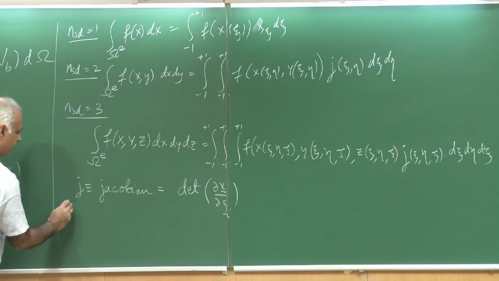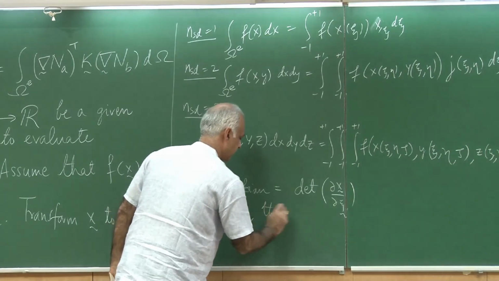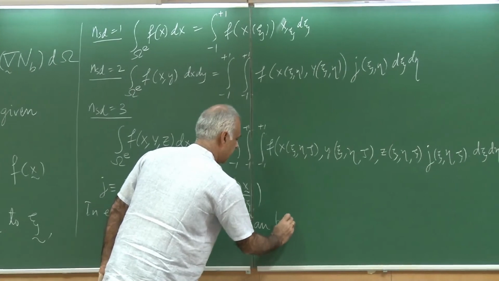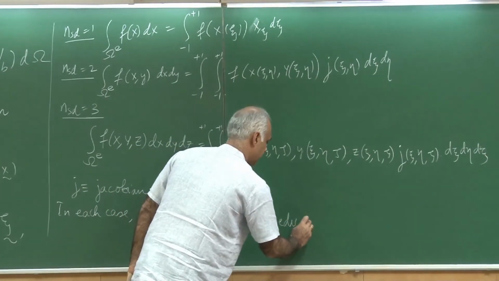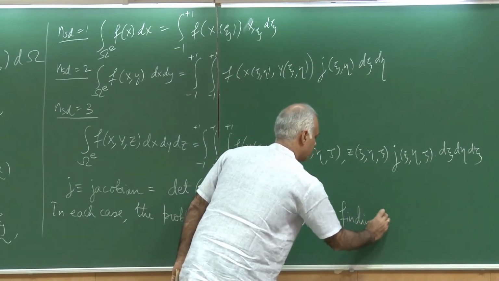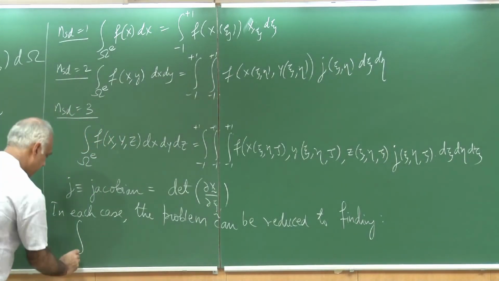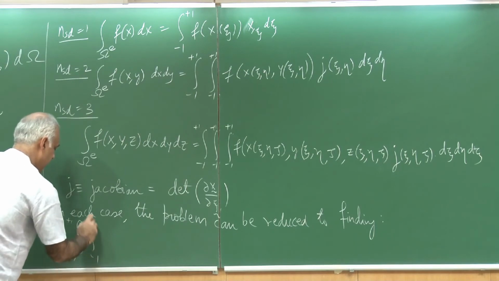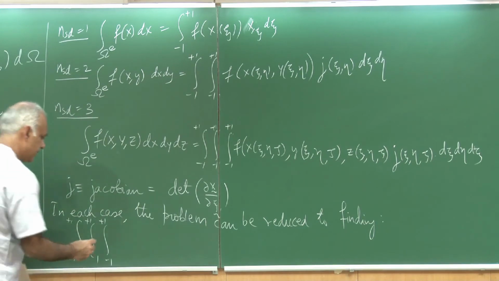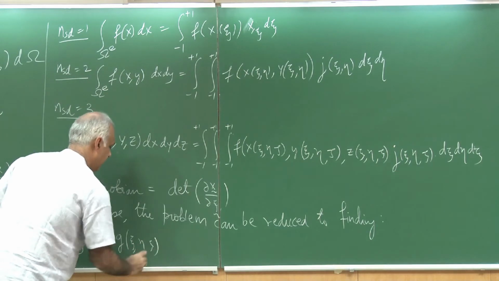So in each case the problem can be reduced to finding the following integral, which would be the integral from -1 to +1, -1 to +1, -1 to +1 of g of xi, eta and zeta.